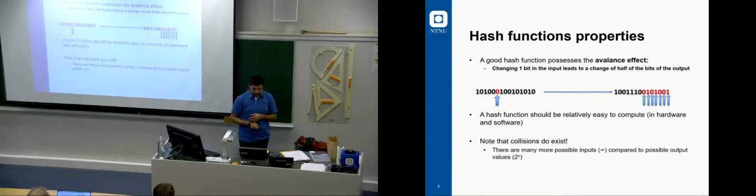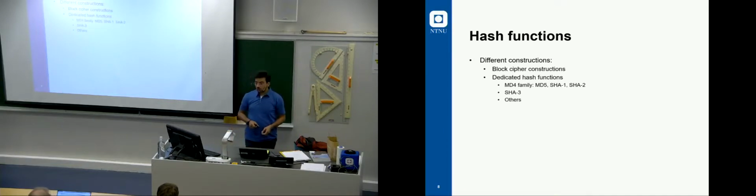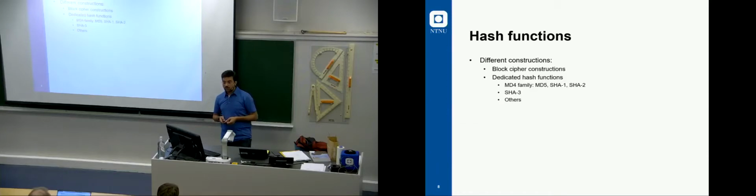We have different constructions for hash functions. One is that we use block ciphers for the construction of hash functions. Second is the MD families. These are hash functions which include MD5, SHA-1, SHA-2.